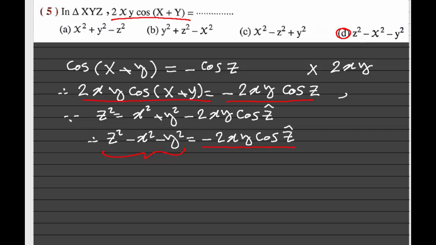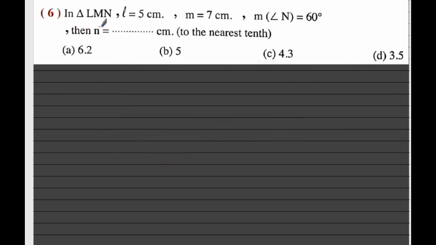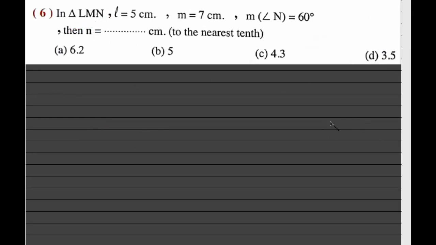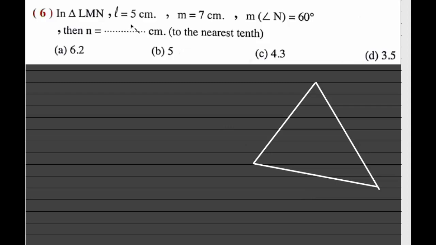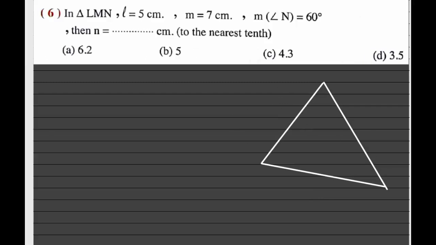Question number 6. In triangle LMN, first I'll draw it. Triangle LMN. Here we have L equals 5 centimeters.